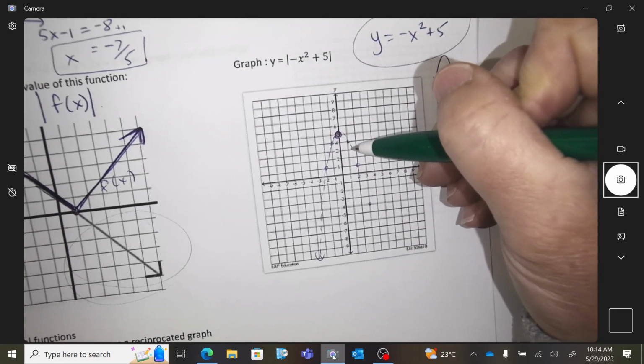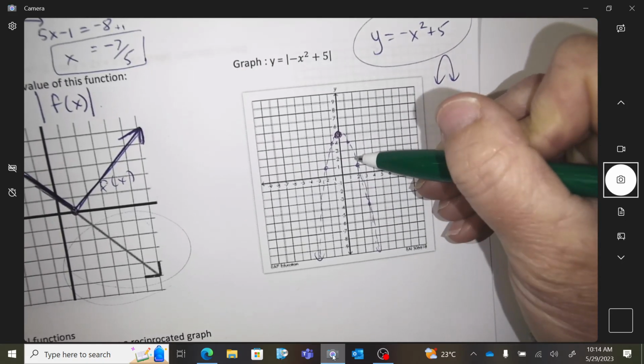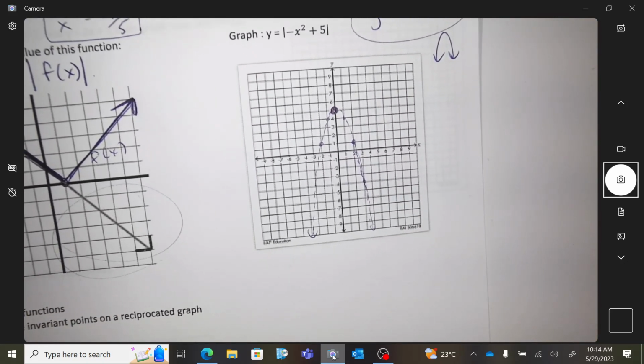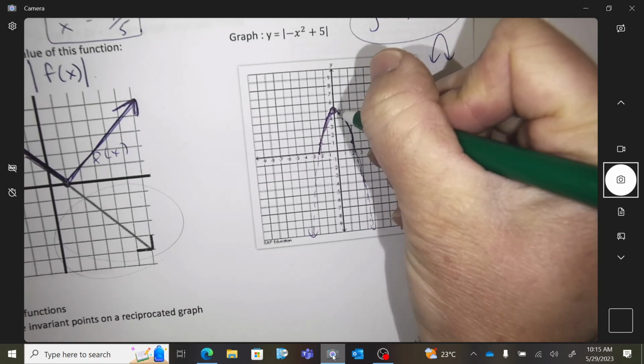Okay, I'm doing this lightly because this isn't even my graph yet. Because once we're done that piece, we're going to say which parts of this graph do I keep, which parts do I change. Okay, so this will get to stay.